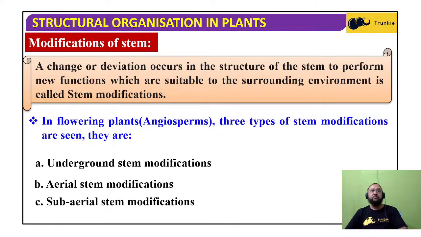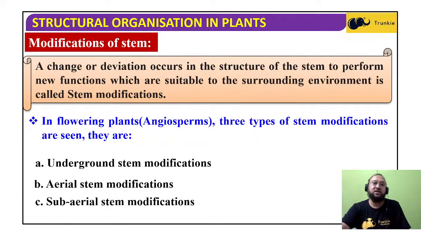Angiosperm means the highly evolved group of plants, like flowering plants. Underground stem modification is fully under the ground, under the soil; aerial means above the ground; and subaerial means partly in the ground and partly on the surface.